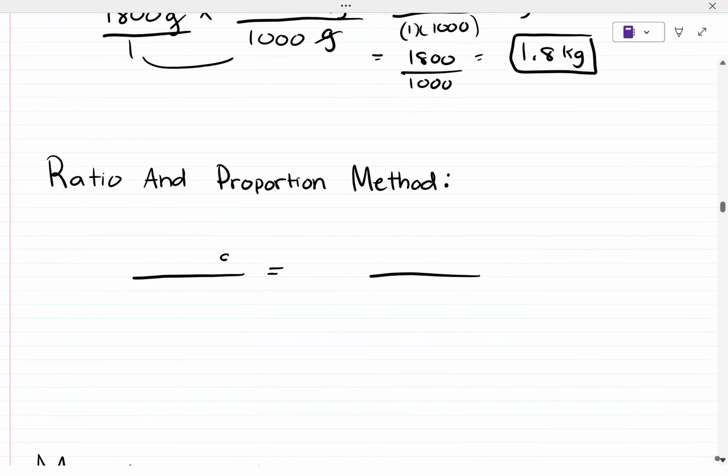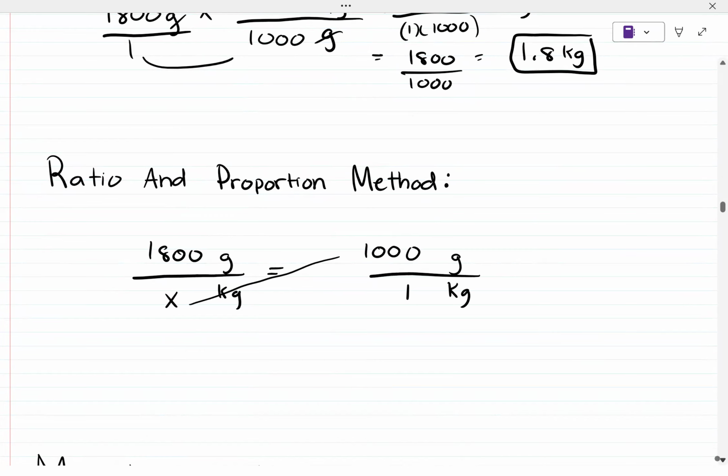So you could put grams here, kilograms on the bottom, grams here, and kilograms on the bottom. We are given exactly 1,800 grams. We need to figure out how many kilograms, so that's our unknown. And what's the relationship between grams and kilograms? We know for 1 kilogram, there's exactly 1,000 grams, right? Based on the chart.